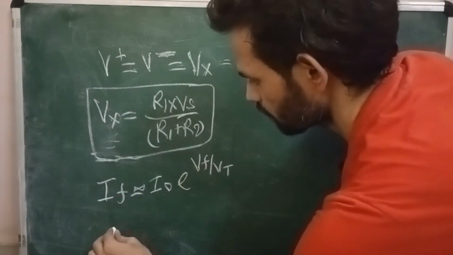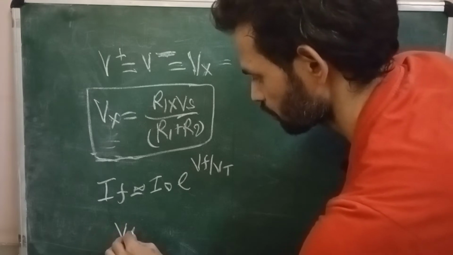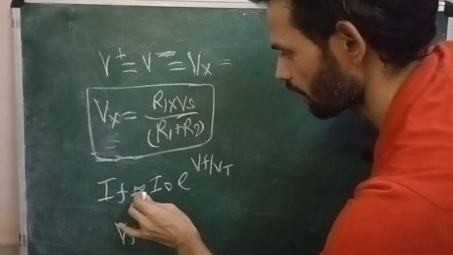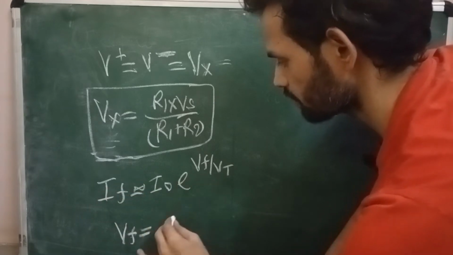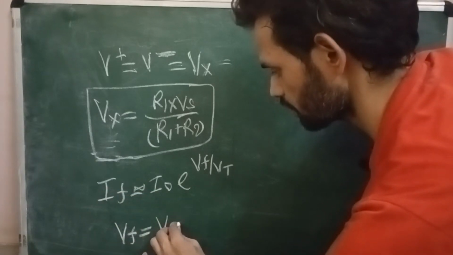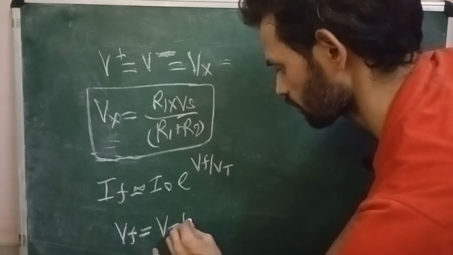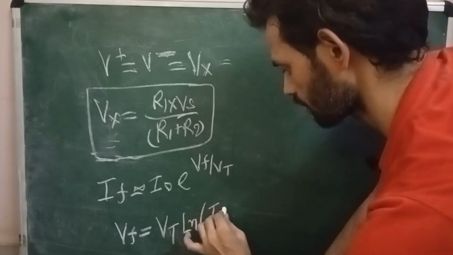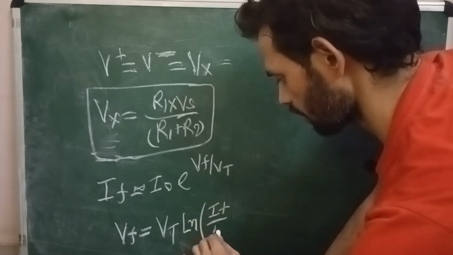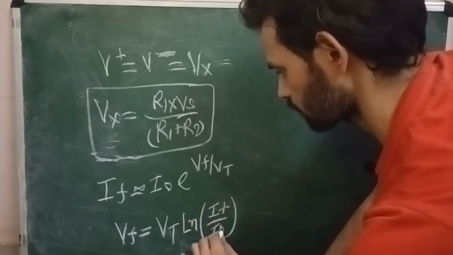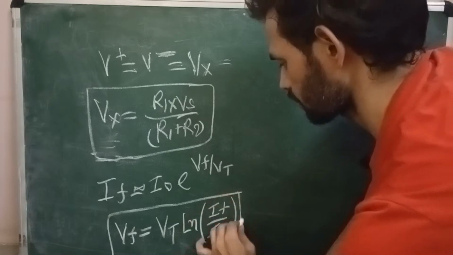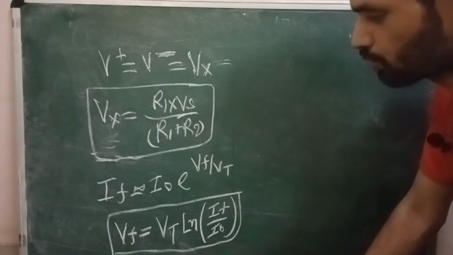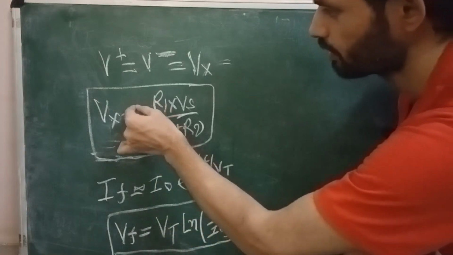From here you will get Vf, which is Vt ln of IF by I0. So this is my Vf, and this is Vx.